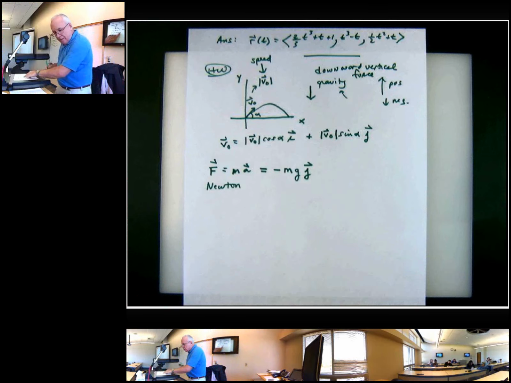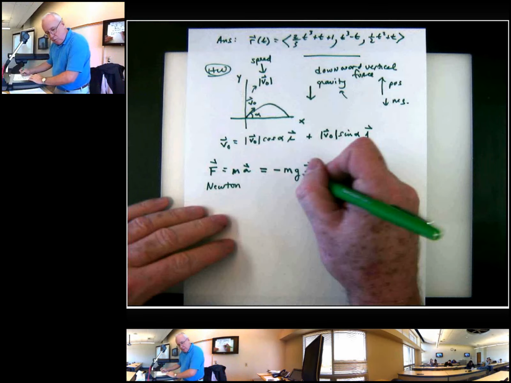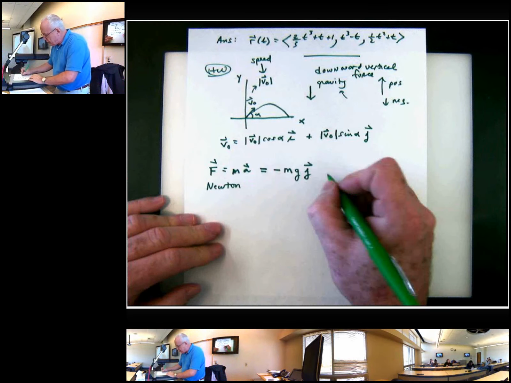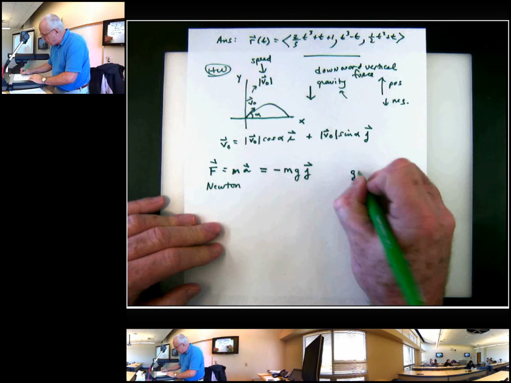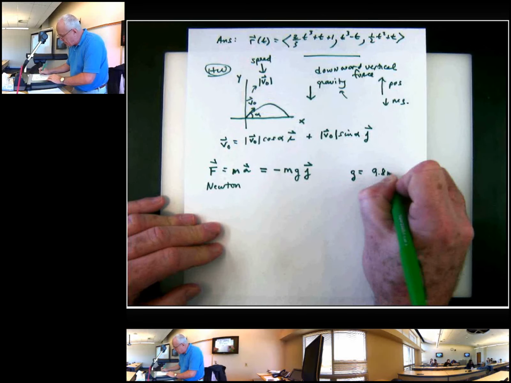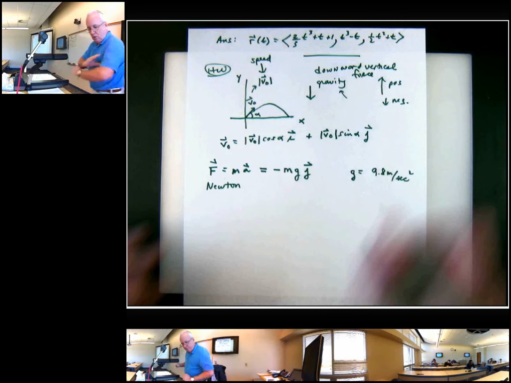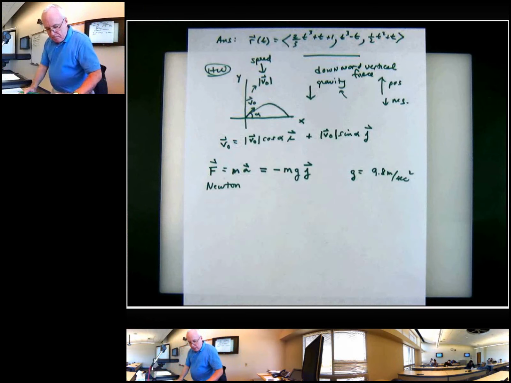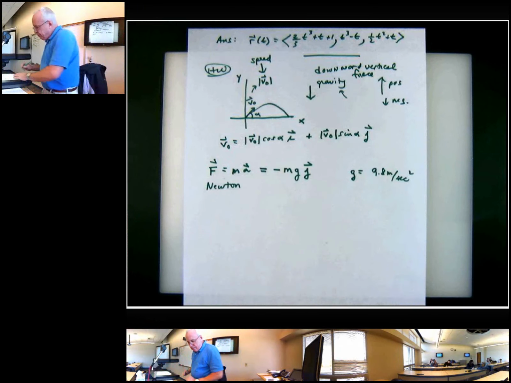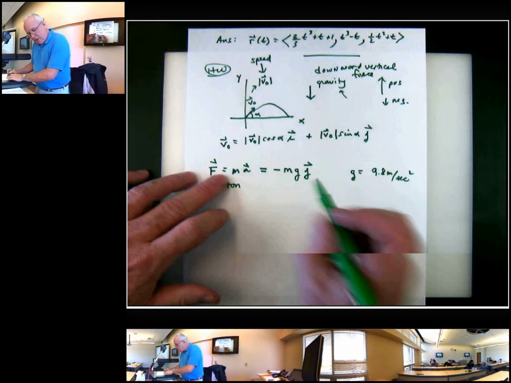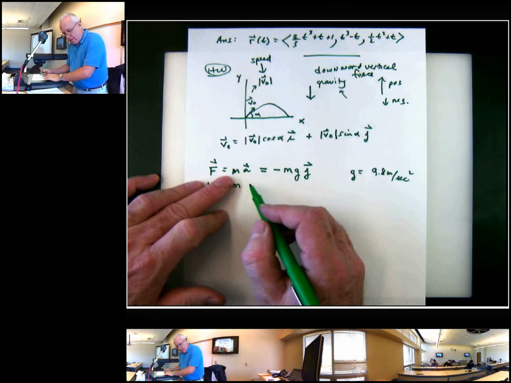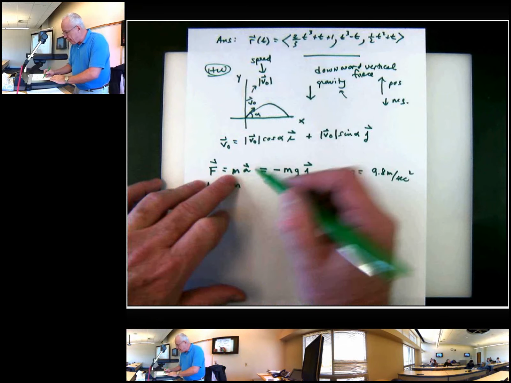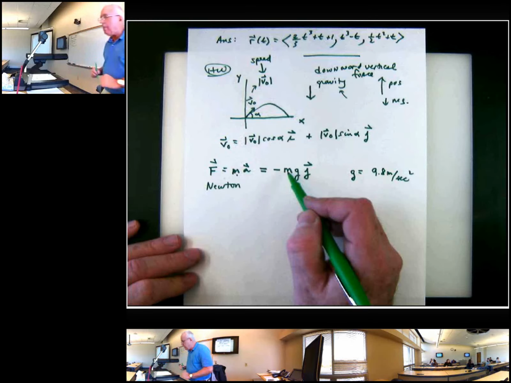Now, this gravity constant, if we're working in meters per second, g is equal to 9.8 meters per second squared. Notice here then we have a mass here and a mass here.